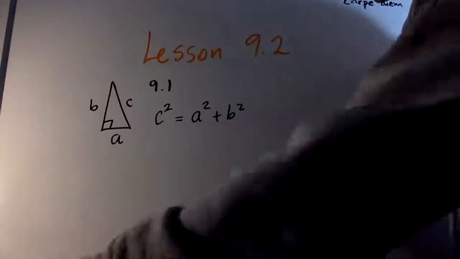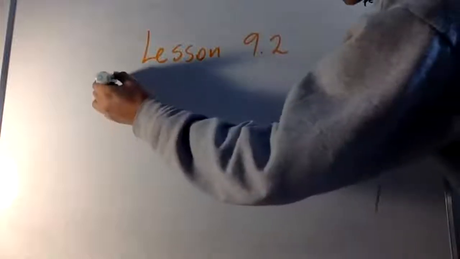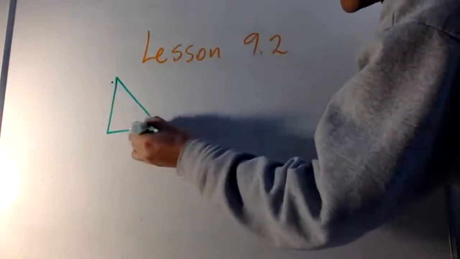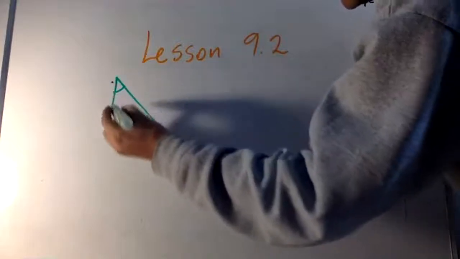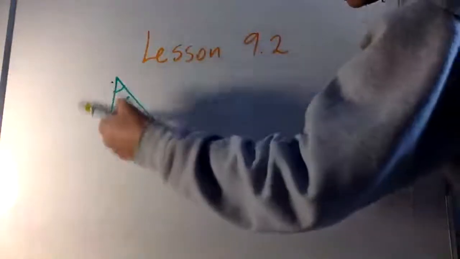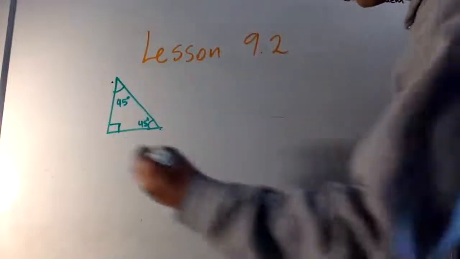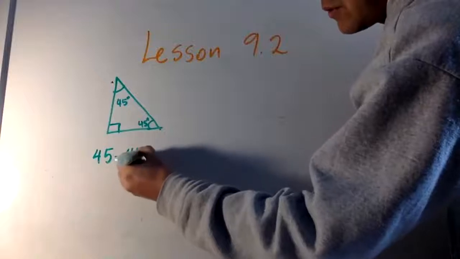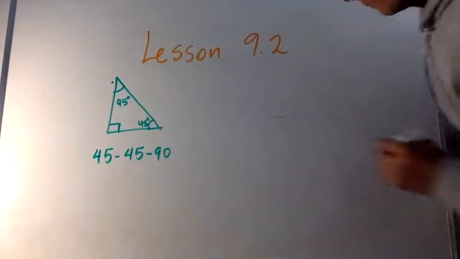The thing is that today, and this is the first thing you need to take into account, if you can memorize that, that'd be great. And I say you can do it because it's a pretty easy one: 45, 45, and this is a 90-degree angle. So the first special right triangle is one we call 45, 45, 90.